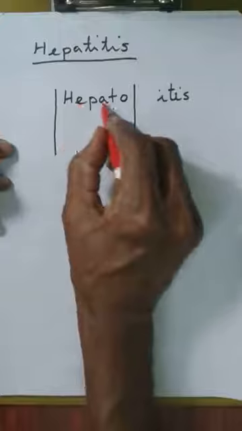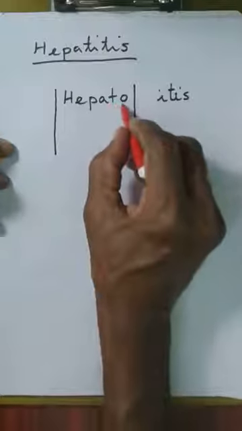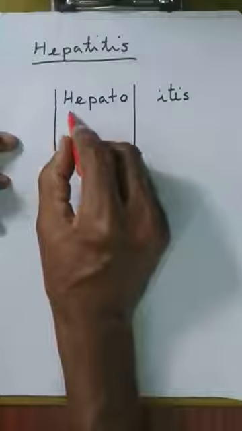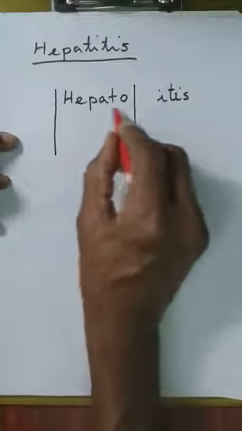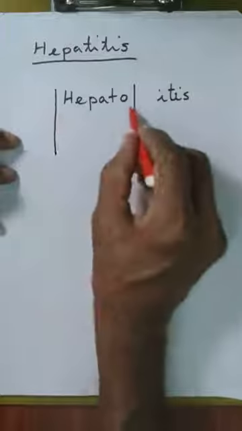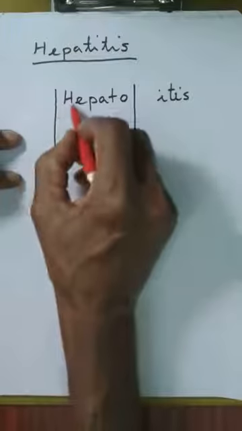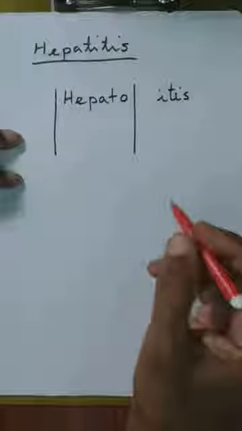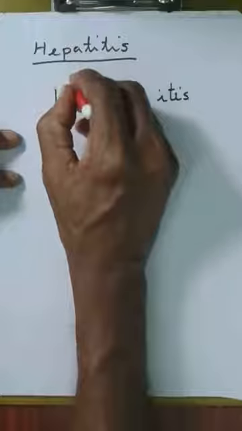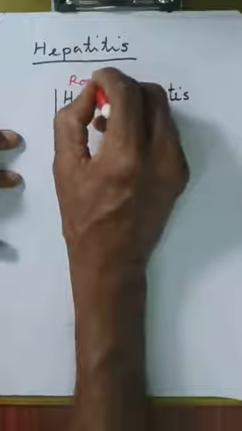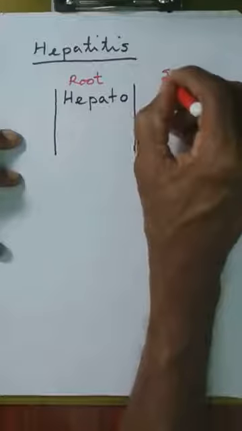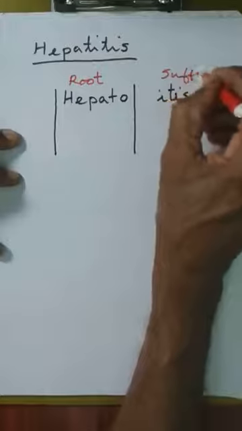So hepat plus this O, hepato. Hepato means regarding the liver. So this is the root word. This is the suffix.